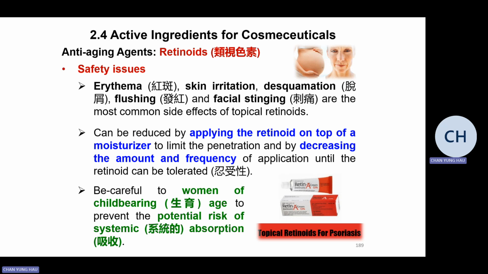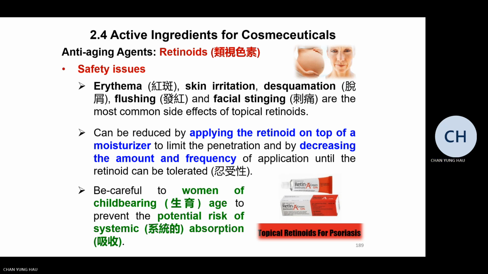These effects can be reduced by applying retinol on top of a moisturizer, because it can limit the penetration, and by decreasing the amount and frequency of application until the retinol can be tolerated. When using retinol, be very careful for pregnant women, to prevent the potential risk of systemic absorption that will affect the fetus.